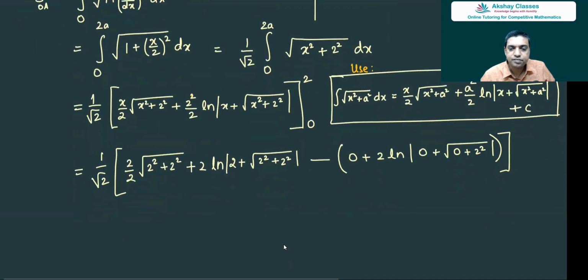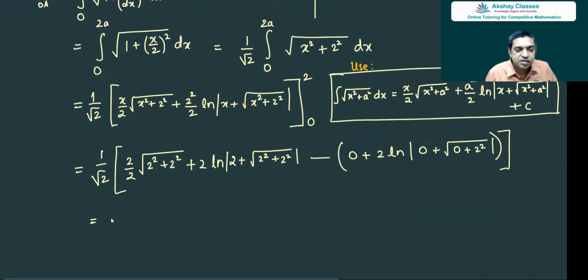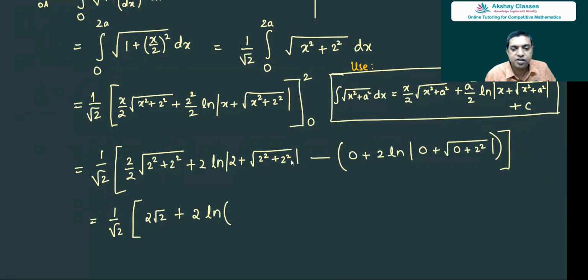So this gives us 1 upon root 2 multiplied by, this is root 8, this is 2 root 2, plus twice the log, modulus you can remove because it is all positive, 2 plus 2 root 2, minus twice log root 2.